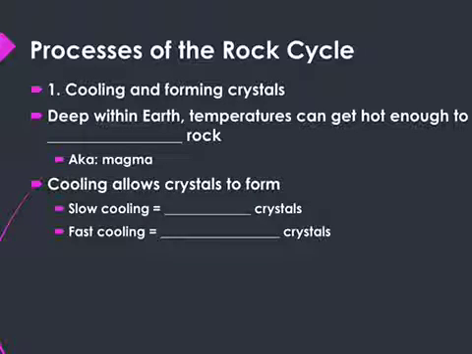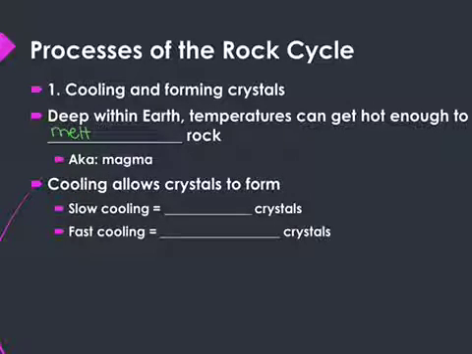There are three main processes to the rock cycle. The first is referred to as cooling and forming crystals. Deep within Earth, temperatures can get hot enough to melt rock. When this happens, we form magma. That magma will eventually cool, and this allows crystals to form.